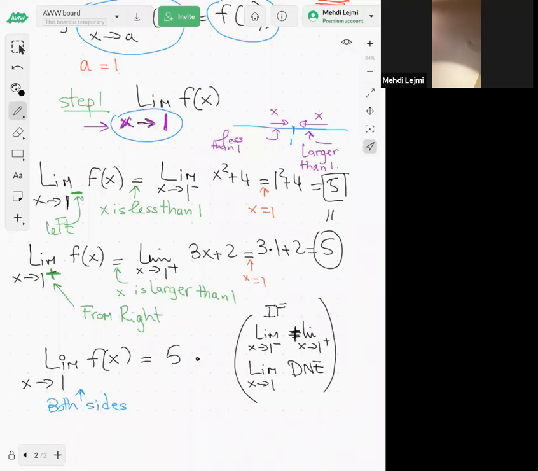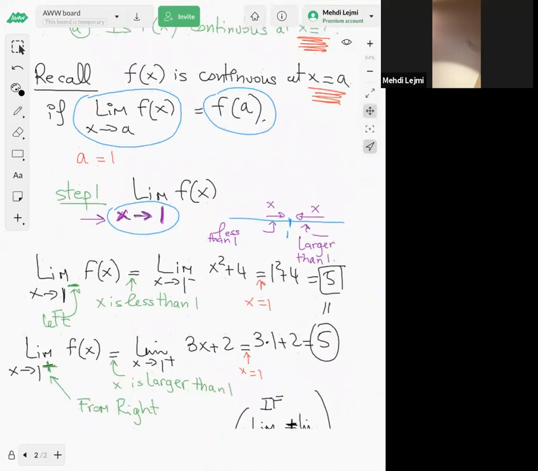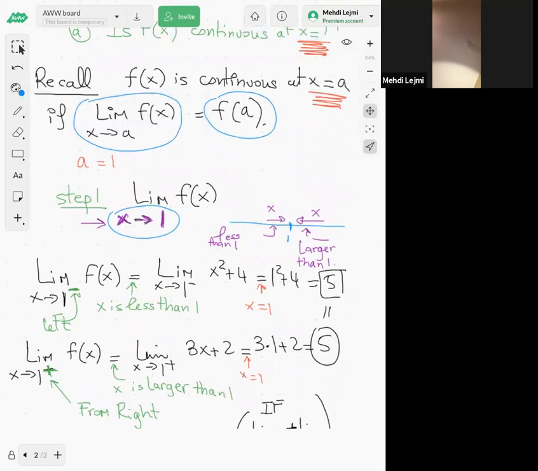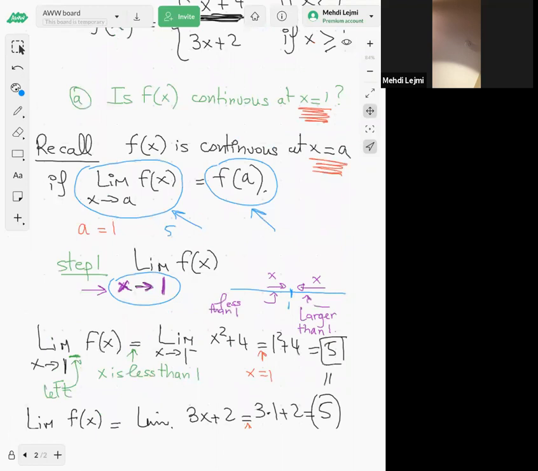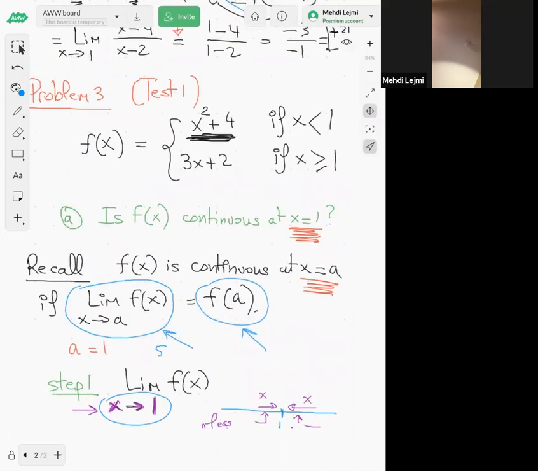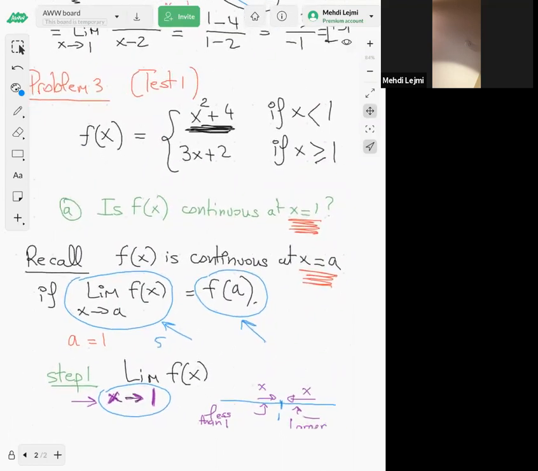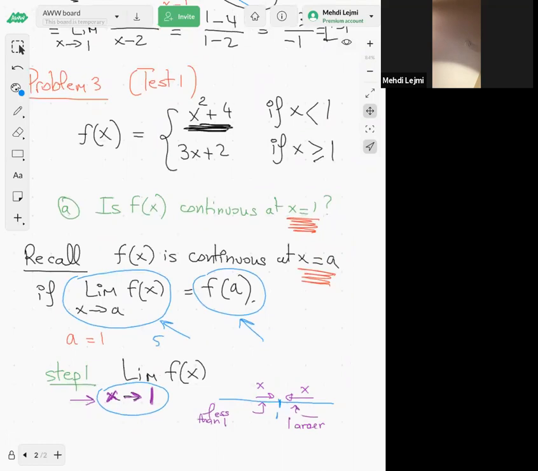Now, the other thing we have to compute is f of a, right? So we are saying this is equal to 5. Now, what about f of a? Well, a is 1, right? So what's f of 1? Which equation am I going to use for f of 1? Well, for f of 1, x is equal to 1. Here, you see, x can be equal to 1. So I have to use the second equation because that's where x is equal to 1, right?